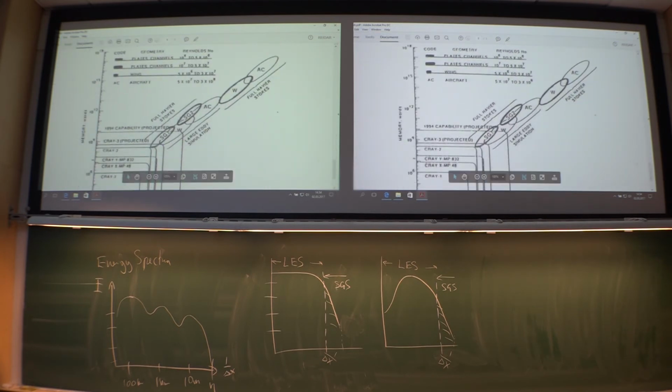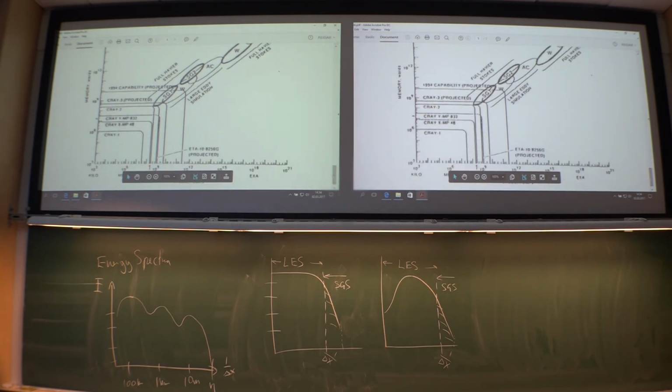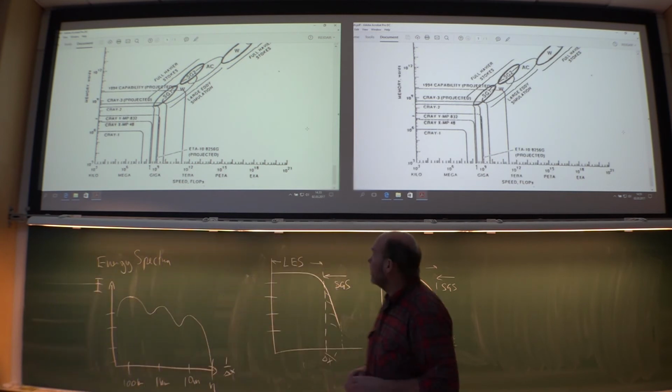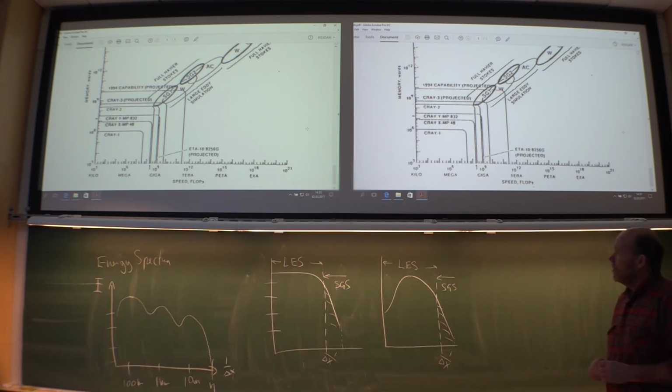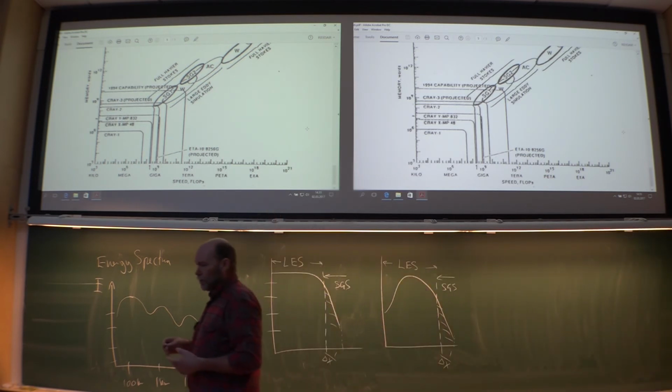Here is a figure from the end of the 80s, roughly. And the future actually looked quite bright. We had the supercomputers in those days, the Cray machines, and others as well, that looked quite promising. So here in this plot, you see the speed of the computers, here in flops, as floating point operations per second.